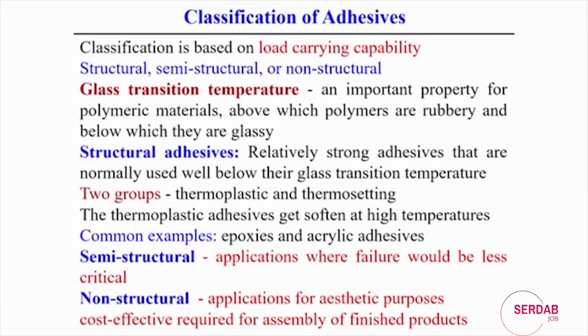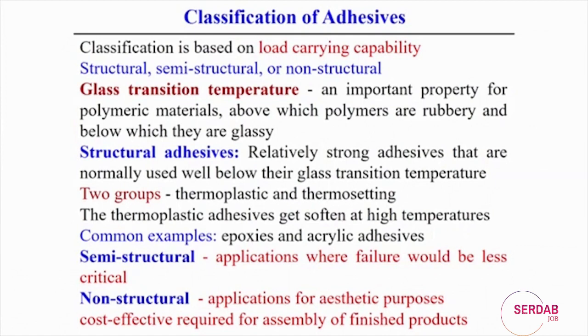If we look at semi structural, this is the application where the failure would be less critical, so we can use semi structural adhesives or a semi structural joint. For non structural, the strength is not important; here the application is done based on aesthetic purposes.